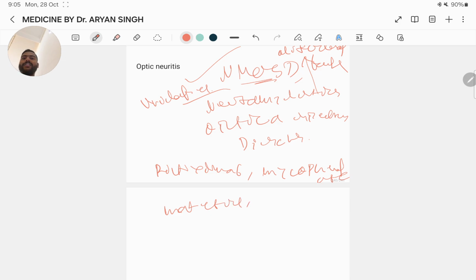Three monoclonal antibodies approved for attack prevention include eculizumab, inebilizumab, and satralizumab.